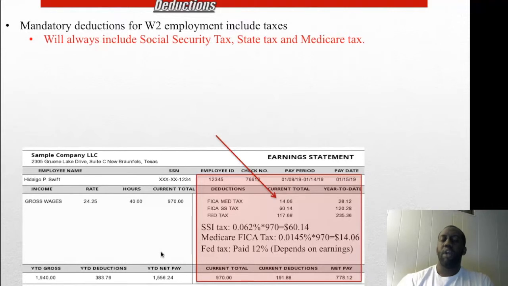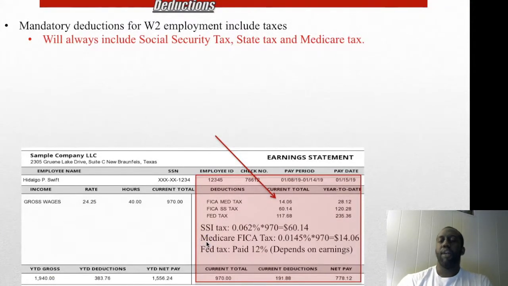In regards to taxes, the employer, which is the person that hires you to work for them, is required to deduct a percentage of your gross earnings that will go towards taxes.